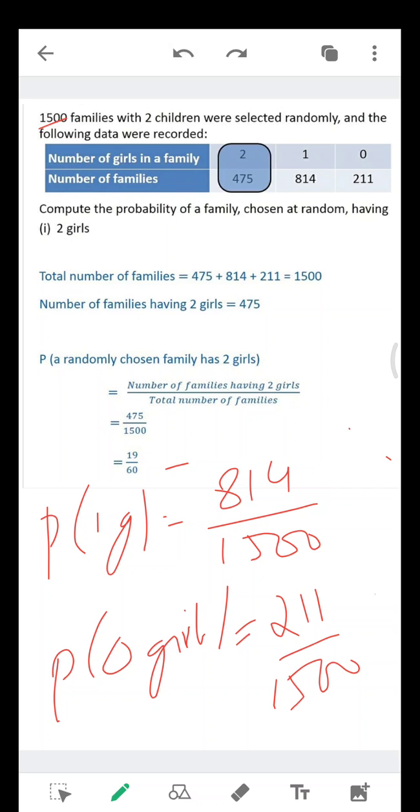Which one will you take from these 3? Remember, 2 girls means 0 boys, 1 girl means 1 boy, and 0 girls means 2 boys. Keep this in mind. So for 1 boy, it will be 814 by 1500. Like this we can find for boys also if girls are given.